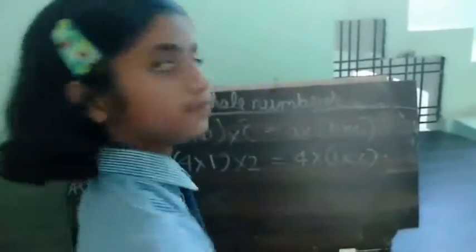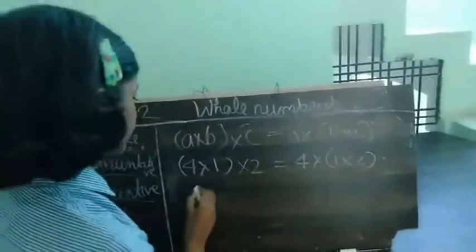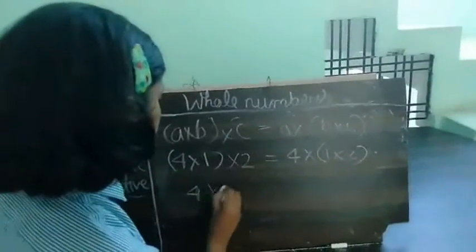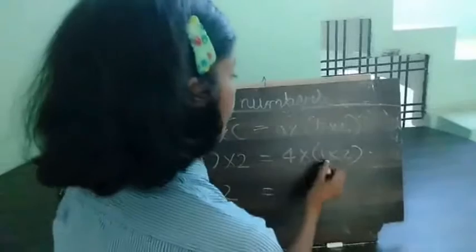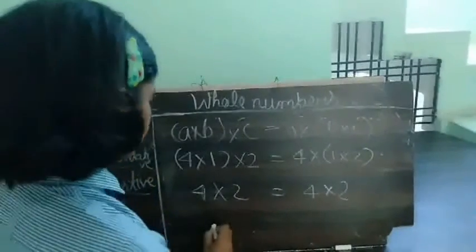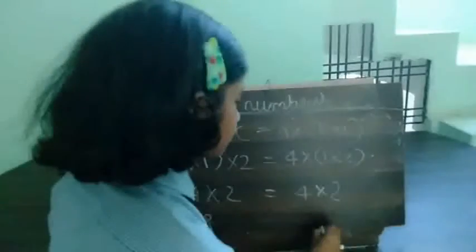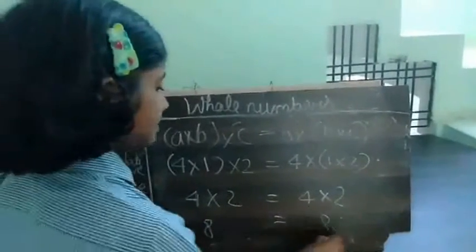So 4 into bracket 1 into 2 equals 4 into 2 equals 8. And 4 into 1 is 4, 4 into 2 equals 8. Both the answers are equal. This is the third property of multiplication.